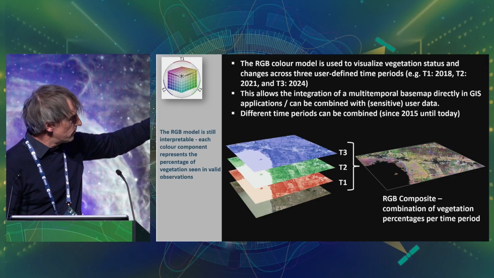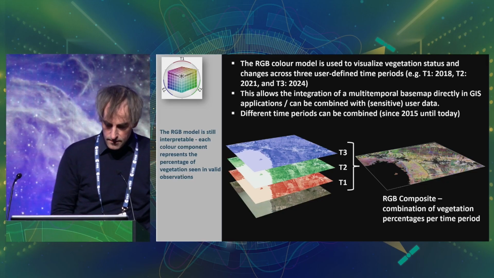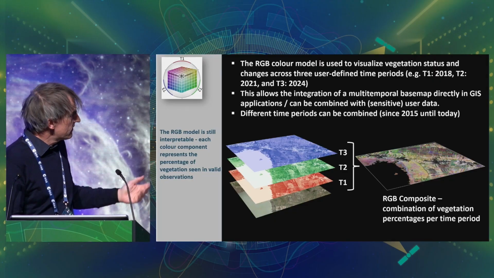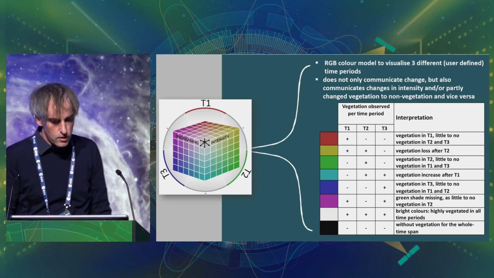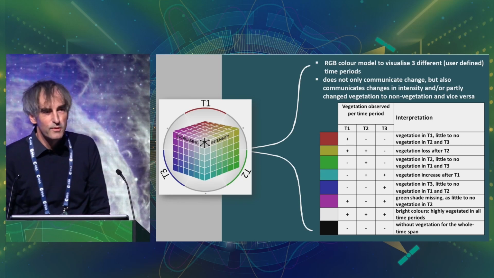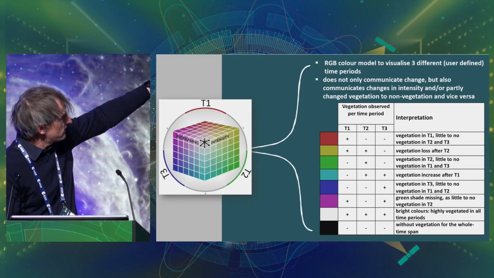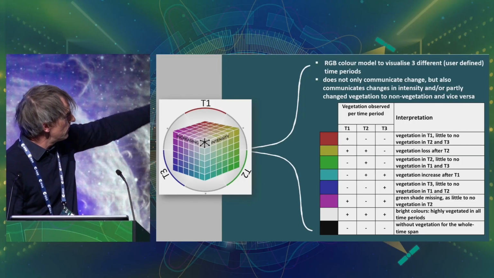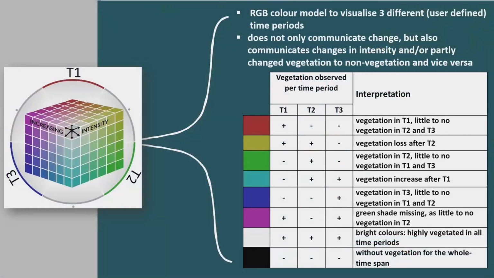The oldest we put on the red channel, middle one green, and the newest on the blue channel. And then we get such a composite which can interpret it with the following cube. That is now not a data cube, it's just a visualization cube. Don't mix that up. You see T1 red color, T2 green color, T3 blue color. And the colors have then the following meaning.